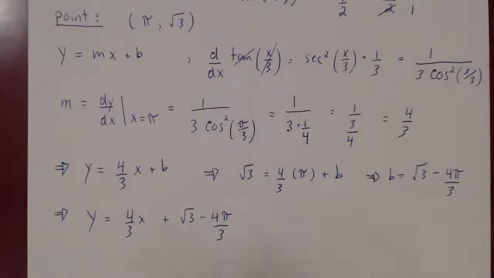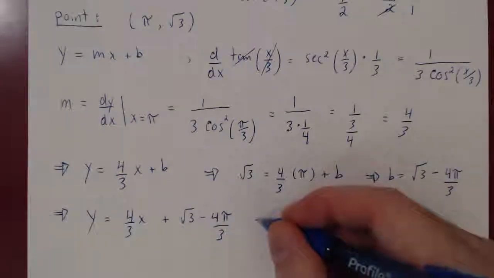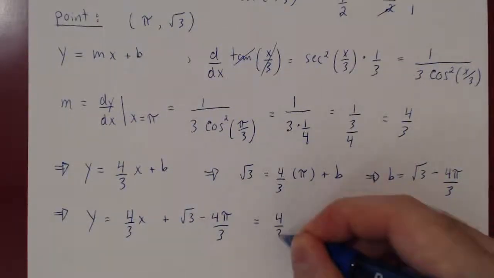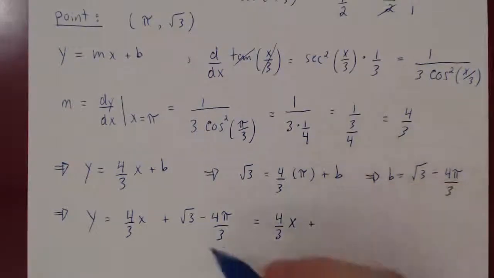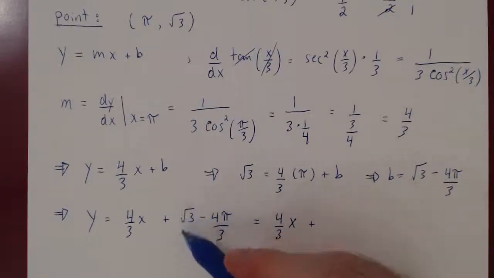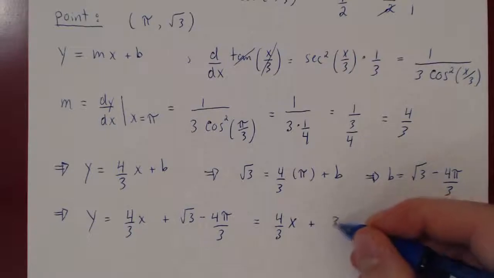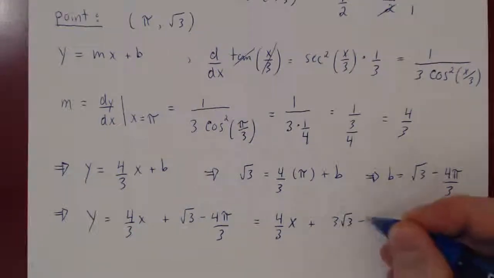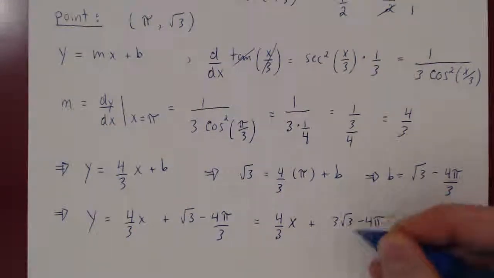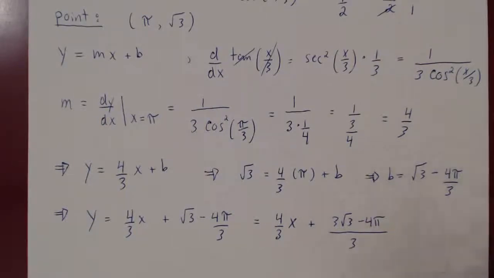If we wanted to, we could put everything over 3, but that is really just optional. You'd have 4/3 x plus, if you want this over 3, multiply by 3 over 3. So you'll have 3 root of 3 minus 4 pi all over 3. And that is the equation of the tangent line.